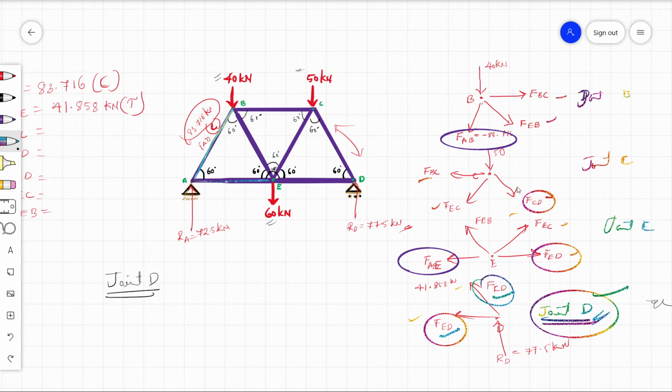The moment you start solving joint B, you get this force and this force. The moment you try to solve joint C, you get this force as well as this force. And the last one you solve, joint D, you get this.